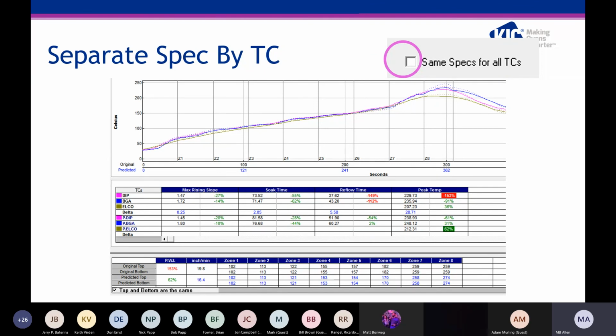So a BGA, you might have one peak temperature requirement and an electrolytic capacitor another. So taking advantage of optimization tools really helps you find a solution to eliminate voiding much faster. And obviously the bottom line is saving some money.